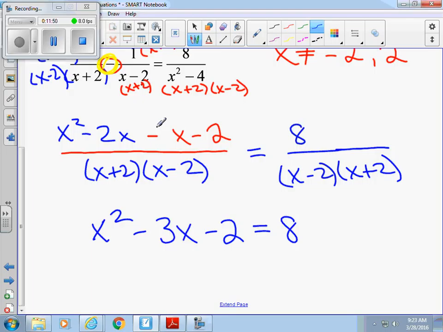So this is solving by getting a common denominator. How are we doing so far? Good. Is this how we did it last year? Wait, say what? Did we do it this way last year? Any questions?